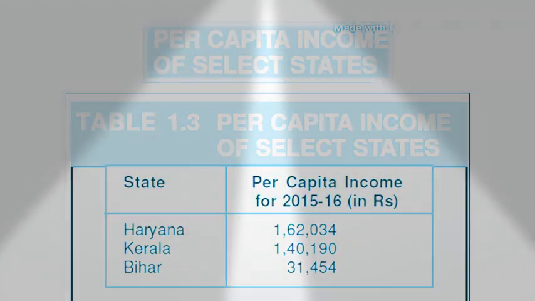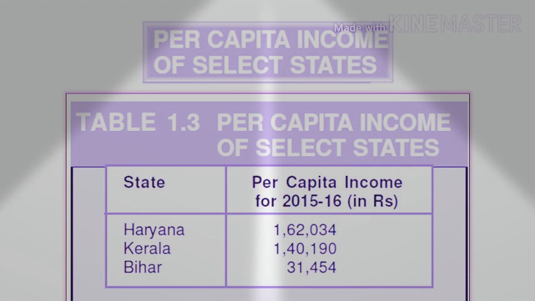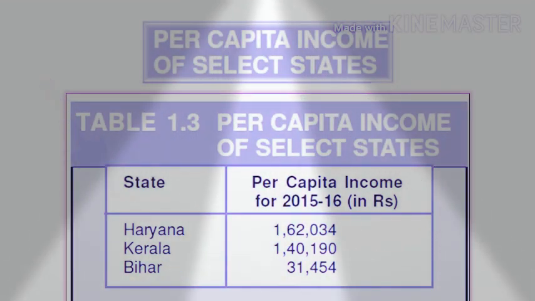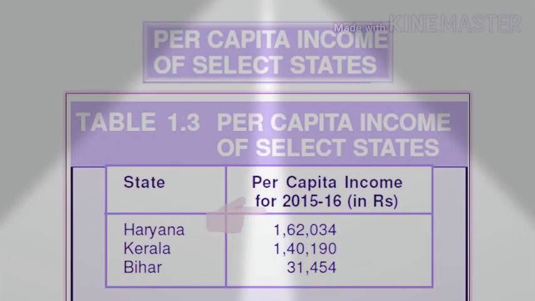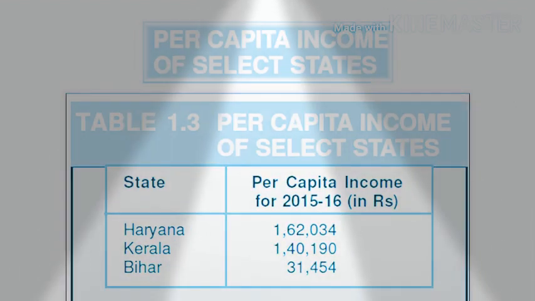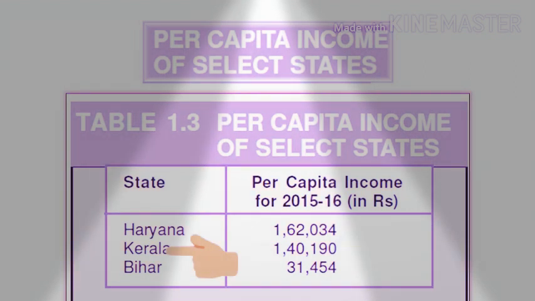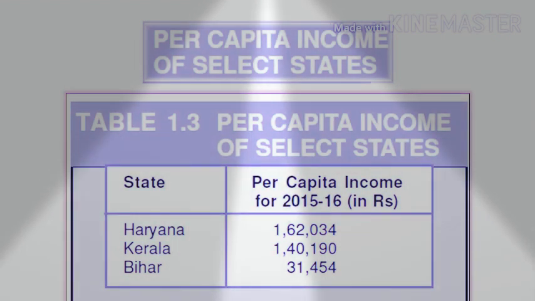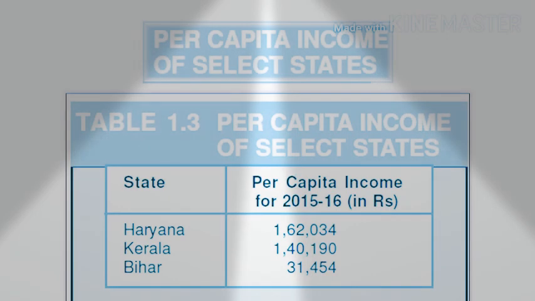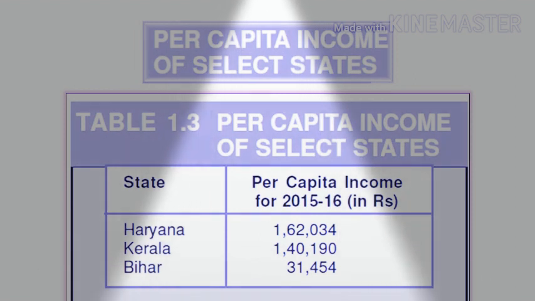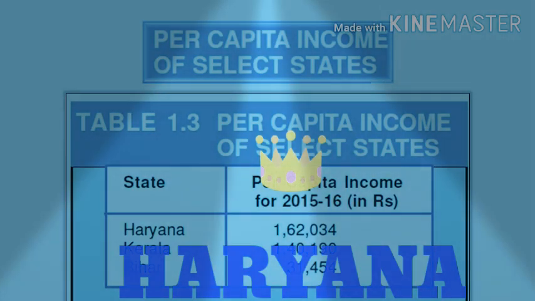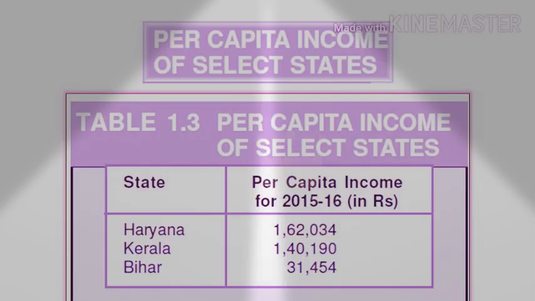Now we find that out of these three states, Haryana with a per capita income of 1,62,034 rupees is at the top, whereas Bihar with 31,454 rupees per capita income is at the bottom. Now if per capita income were used as a measure of development, you all know Haryana will be considered the most developed, whereas Bihar the least developed of the three states.